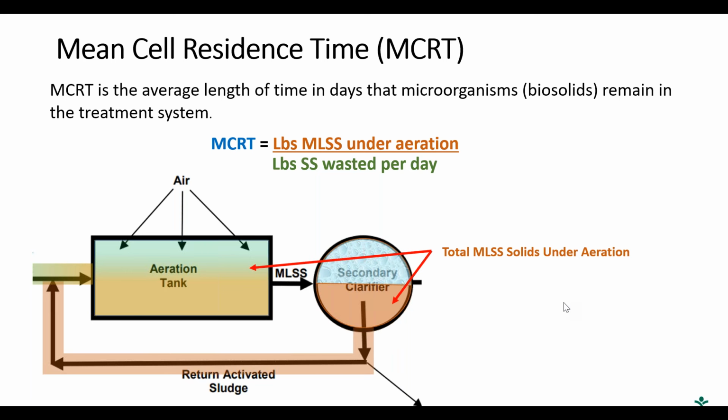remain in an activated sludge system, they'll begin to get more and more complex. Very old sludge can take on a different kind of biome. You get more complex and larger organisms after a time.